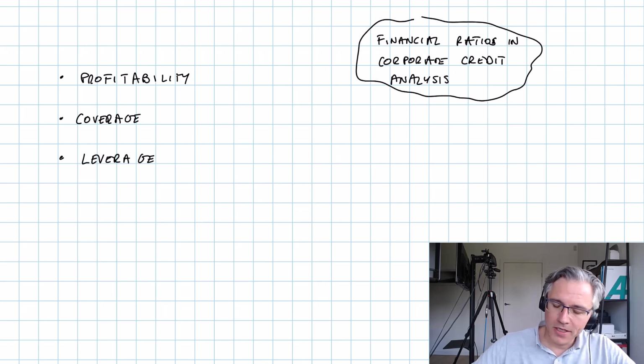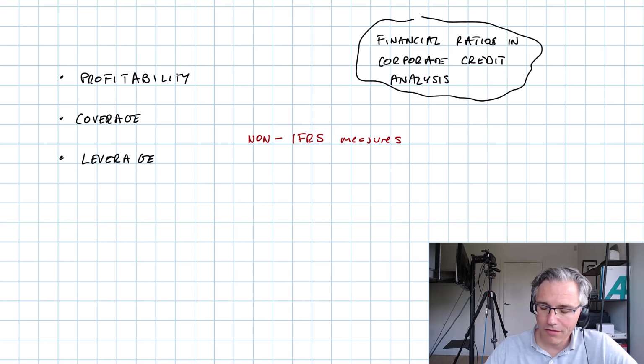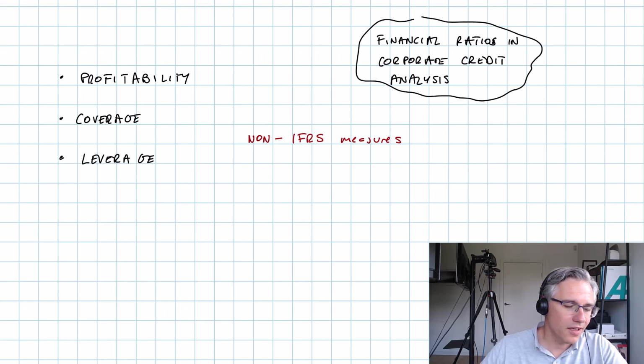Now, let me state that all of these measures are non-IFRS measures or non-GAAP measures, as they are sometimes referred to, especially in America. So there is no single definition of these ratios that we're going to discuss here in the IFRS or other rules of accounting.